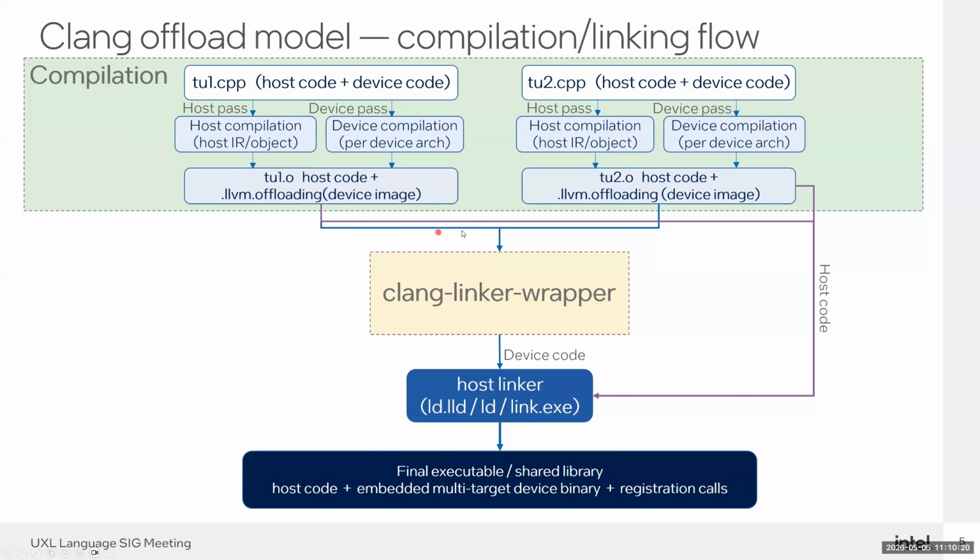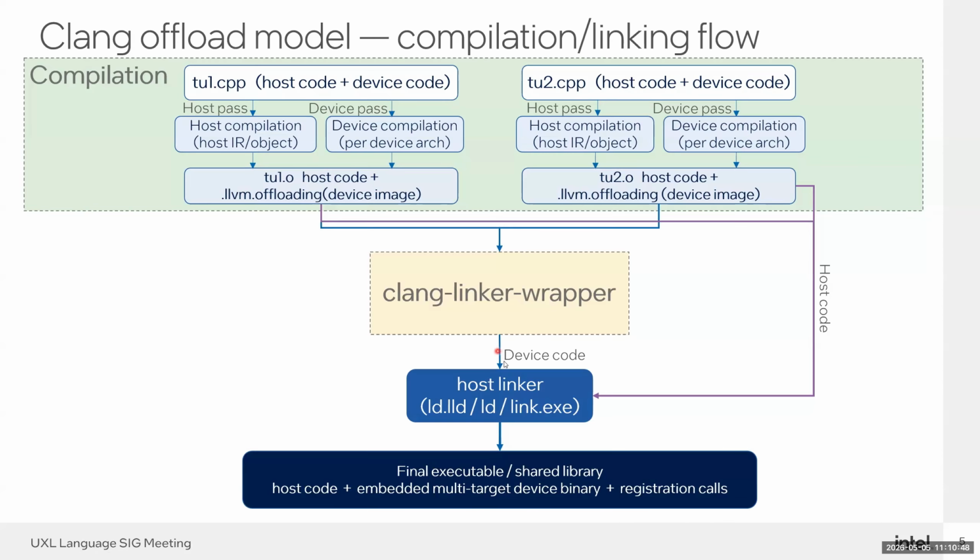And then it all goes for linking to Clang linker wrapper, which, as I said before, wraps the host linker. It does a set of steps, which I'll cover later, and produces device code which is ready for the host linker to just embed into the output binary.